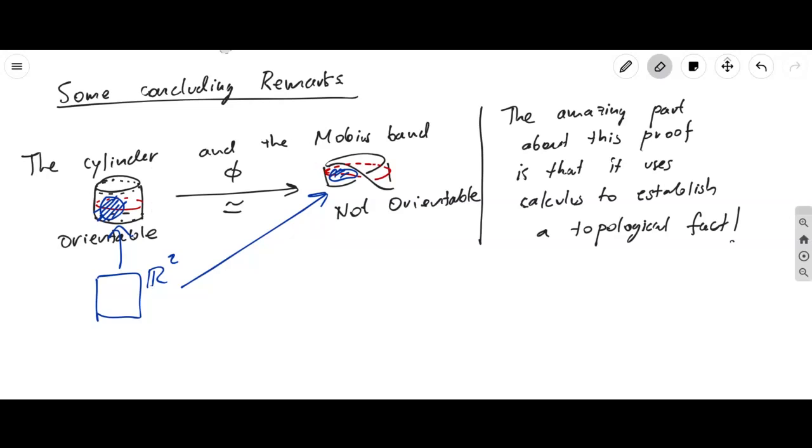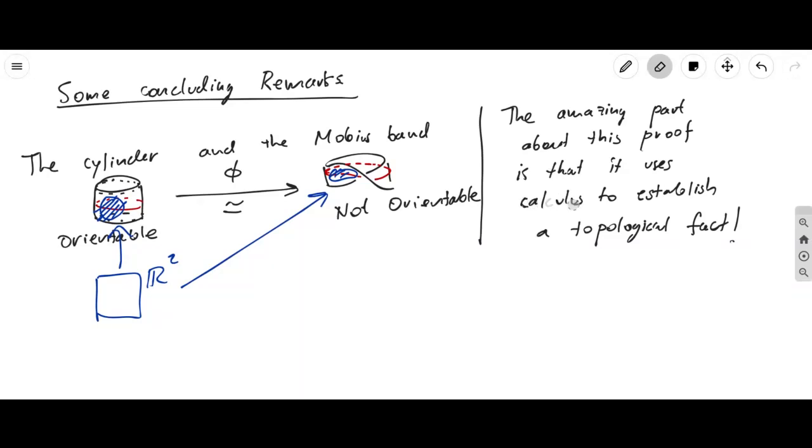Showing that the cylinder and the Mobius band are not homeomorphic is a purely topological problem. It has nothing to do with calculus. But to prove it, you use orientability, and orientability is defined for manifolds, and manifolds themselves invoke calculus because you're talking about Jacobians and all of that.